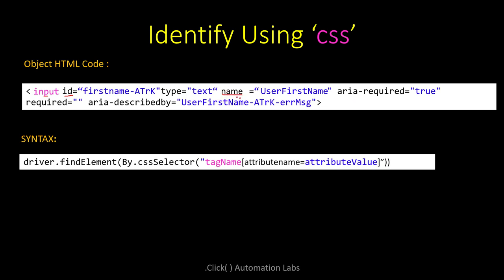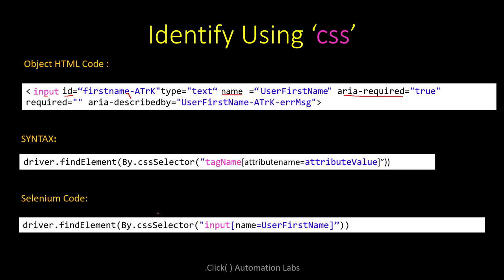You need to be careful because you need to select the best locator, the best attribute. If you select this, it may not be appropriate. Either you can select this or you can select this as attribute name equals to attribute value, which is nothing but the first name. So let's see one example.